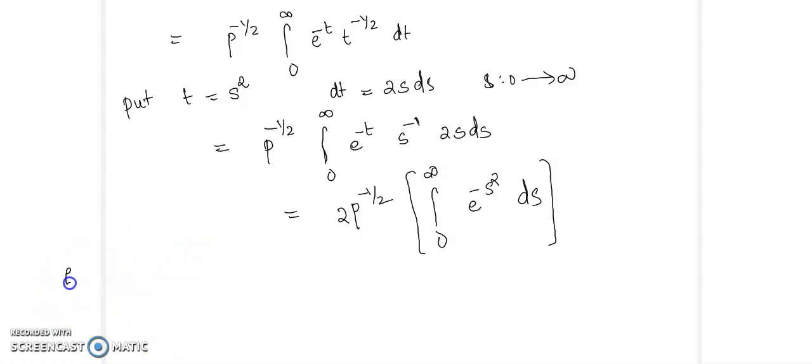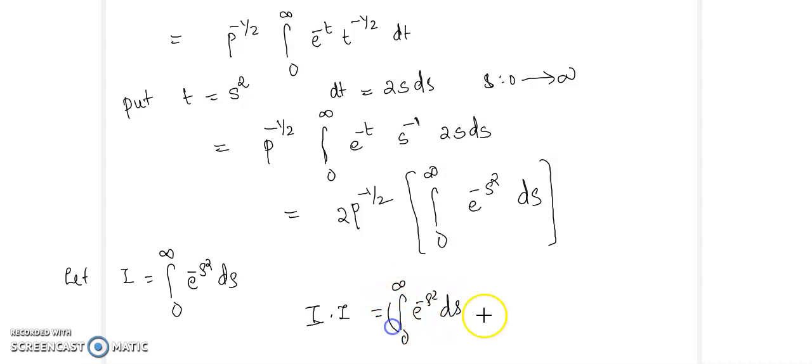Now we need to evaluate this integral. Let us take I equal to the integral from 0 to infinity of e raised to minus s square ds. Now I into I will be equal to the integral from 0 to infinity of e raised to minus s square ds into the integral from 0 to infinity of e raised to minus s square ds.